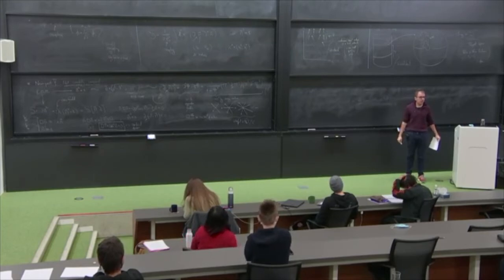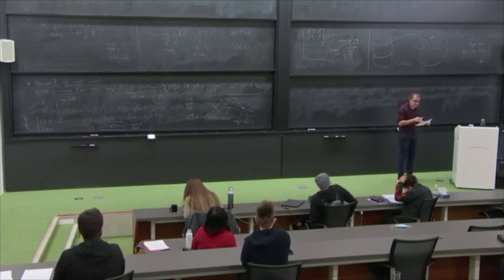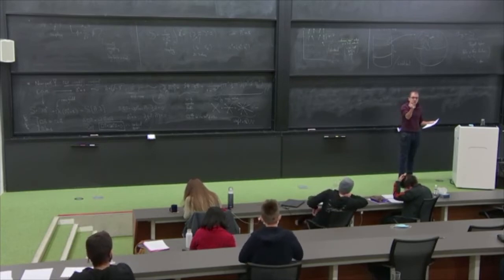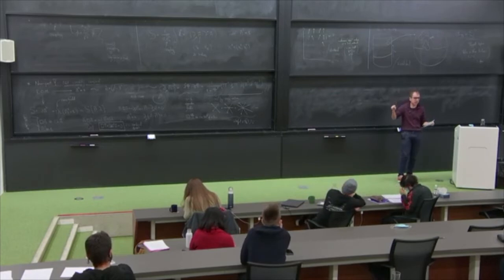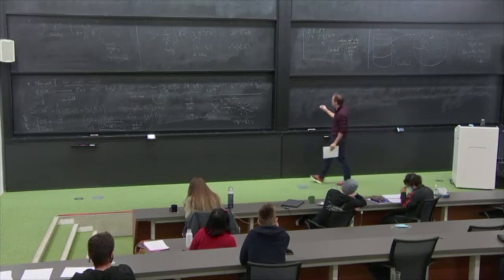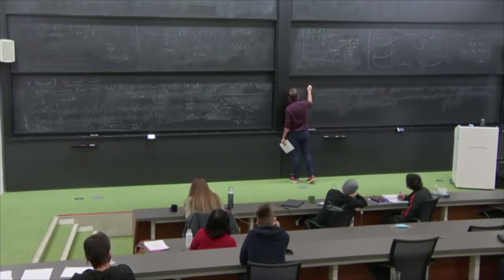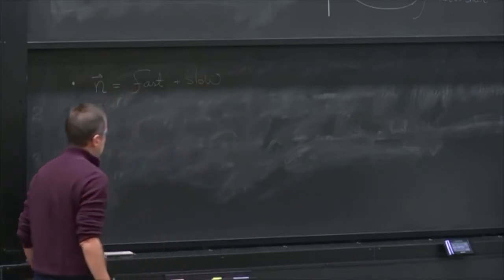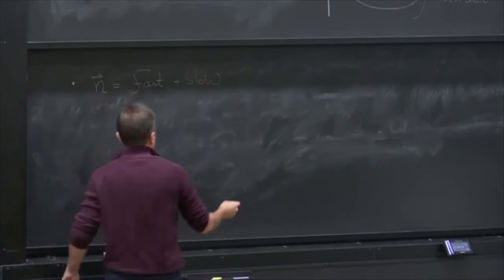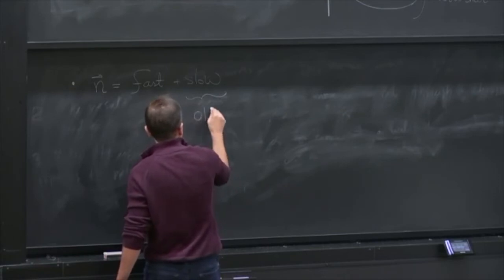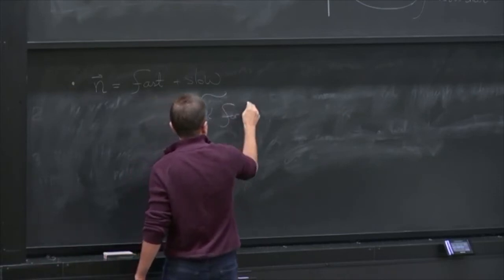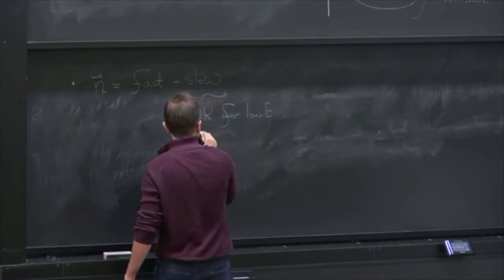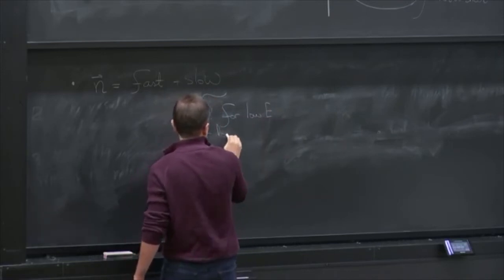Or in my picture of my string, I start resolving the changes of the string at some very small scale, and I only see strings that change at a longer scale. So the idea is, as usual with renormalization, to split our field n into a fast part plus a slow part. The slow part is all we need. It's okay for low energy or for long distances.